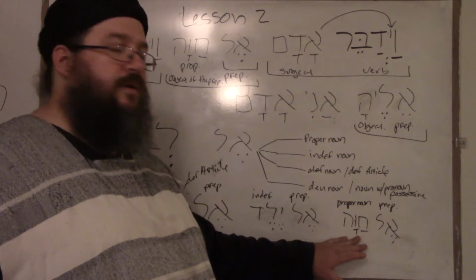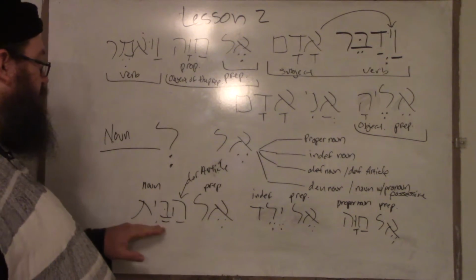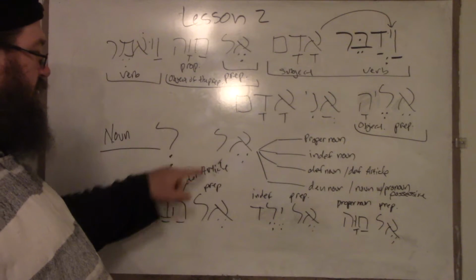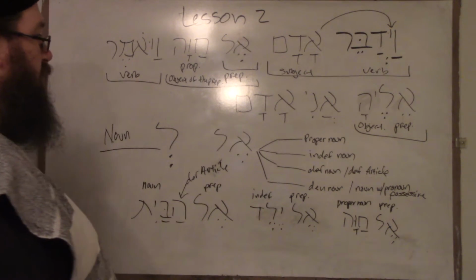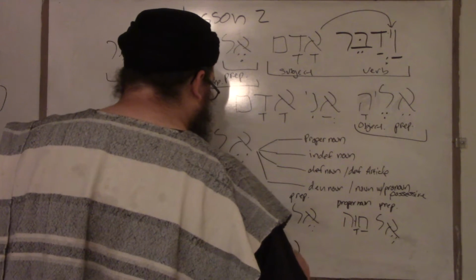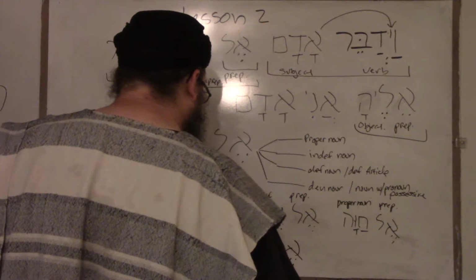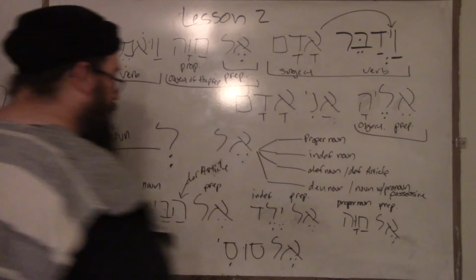Preposition with proper noun, preposition with indefinite noun, preposition with noun that has definite article, as in habayit, and lastly, we have our definite noun with the possessive pronoun ending. Okay? And I'll write that down here. So this would be like el Susi.